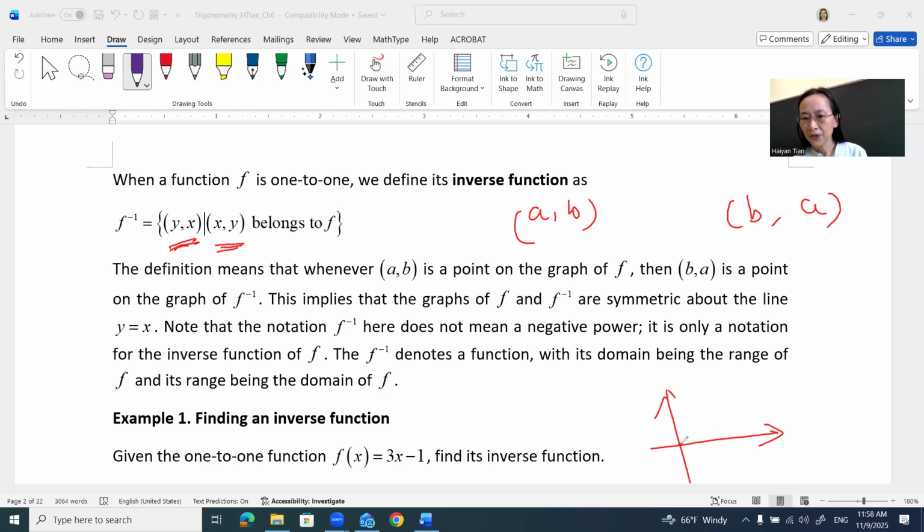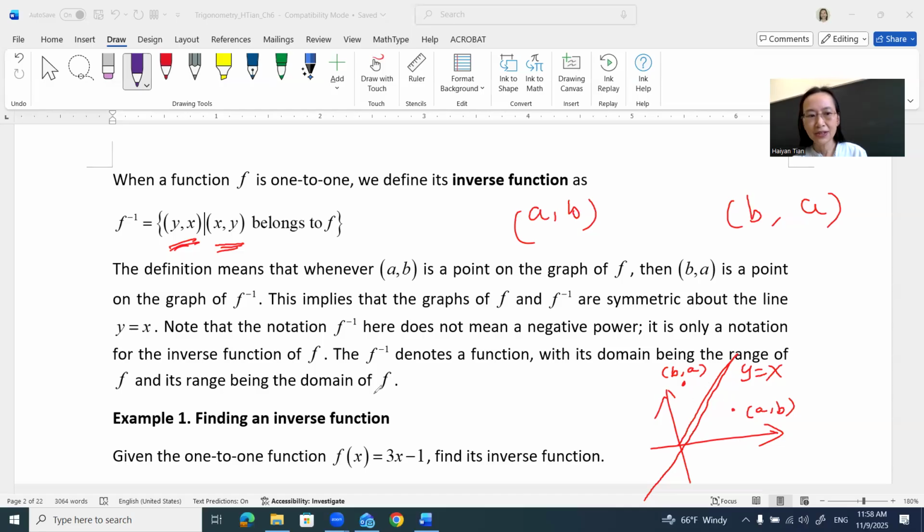If you draw the line y equals x, and suppose this is (a, b), which is on the graph of the original function f, then (b, a) will be on the graph of the inverse of f.